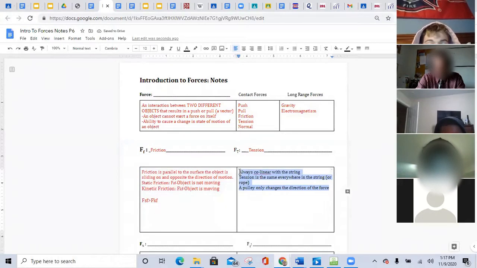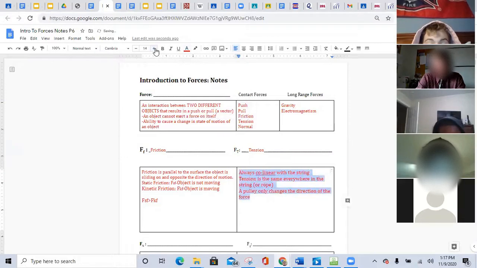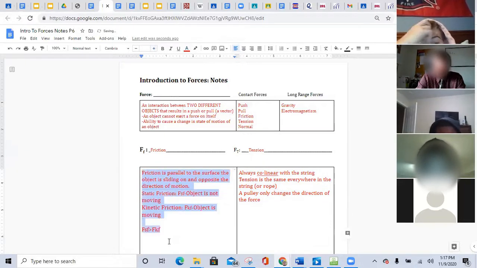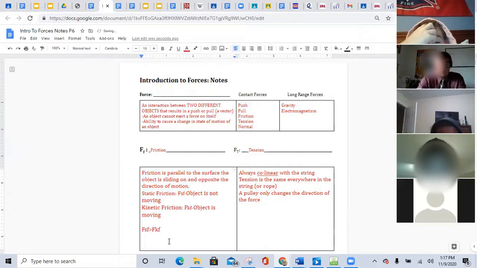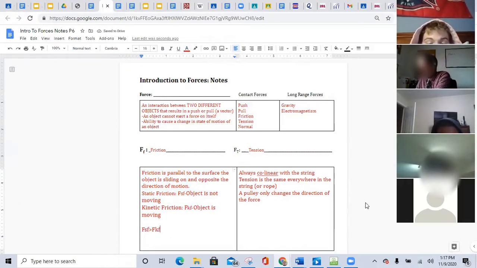Make this red. Maybe a little bigger. Pulley only changes the direction of the force. It does not change the magnitude of the force. So to demonstrate this a little bit, I'll switch back here.